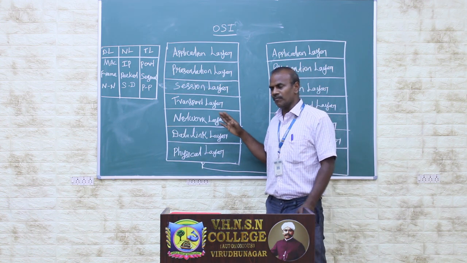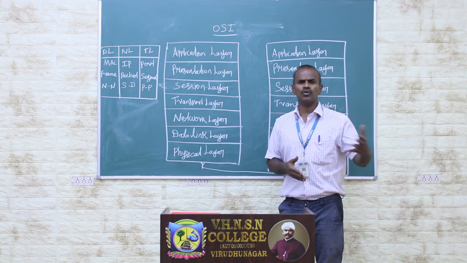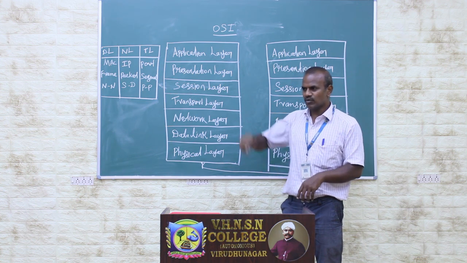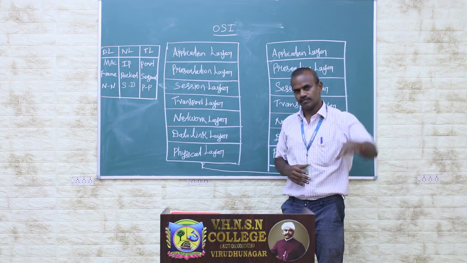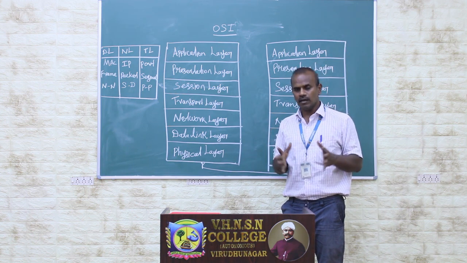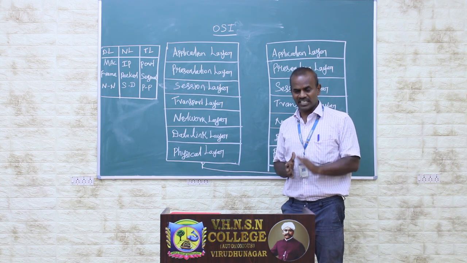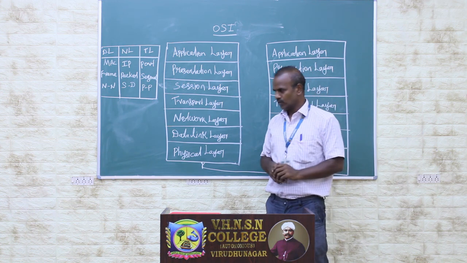The data in the form of frames is also responsible for node to node delivery. What do you mean by node to node delivery? In a network path, data has to pass through many nodes to reach the destination address, but the data link layer is only responsible for sending the data to the next node.